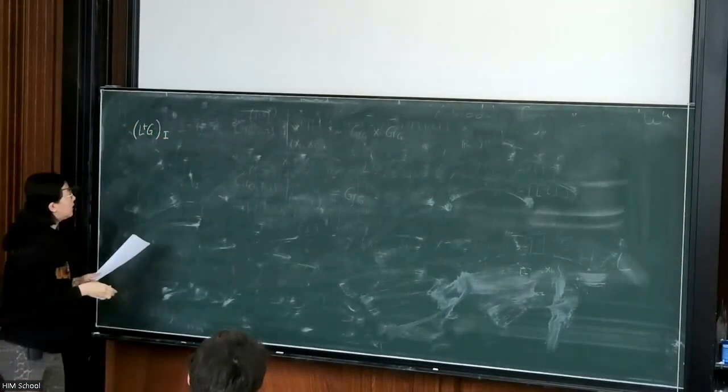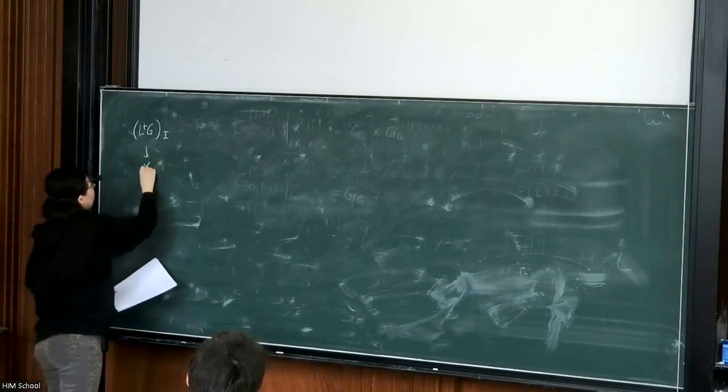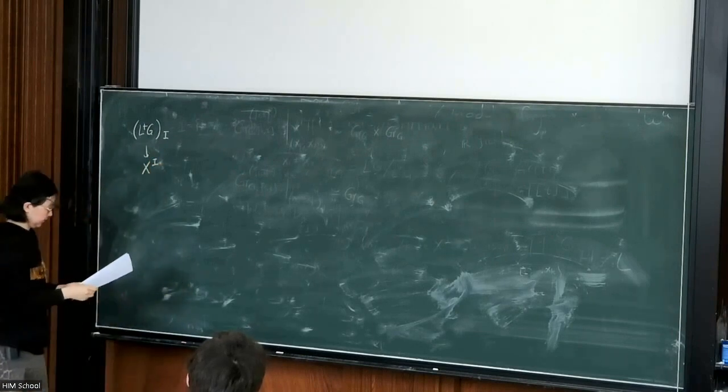We also have the family over the curve of the loop group.